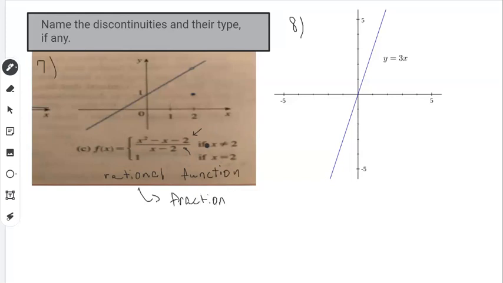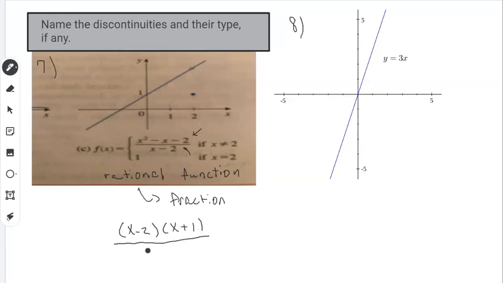Okay. Now, it says that this is true only if x cannot be equal to 2, right? But if x equals 2, the function is going to take the value of 1. That's interesting. That's because when you factor the top, you're going to get x minus 2 times x plus 1.